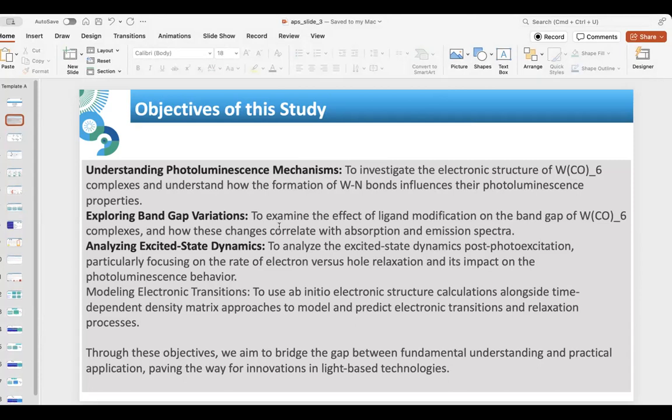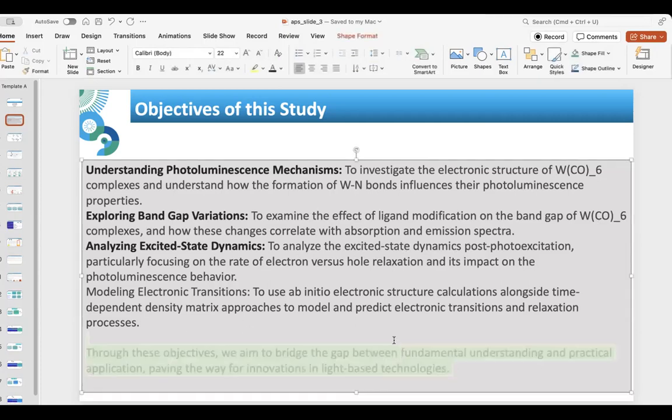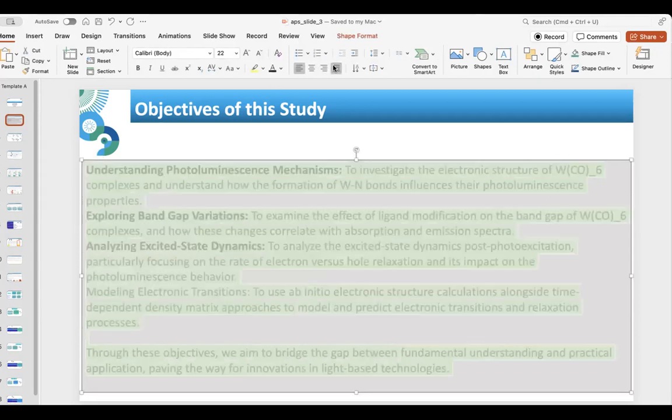And also, as I already said, we want to examine the effect of ligand modification on the band gap of tungsten complexes with bipyridine, and how these changes correlate with absorption and emission. And also we analyze the excited state dynamics, and we are doing a photoluminescence study to see their behavior.